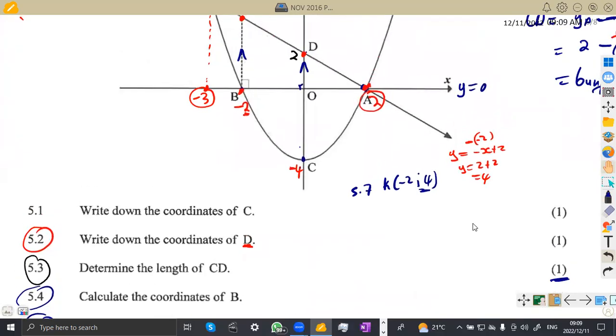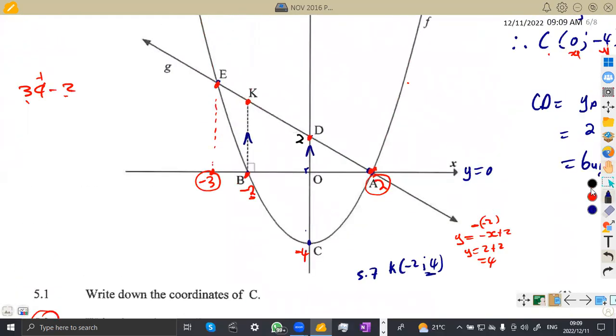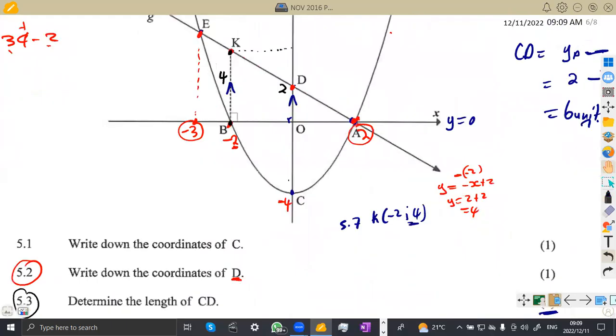So at this point K, we know that y is equal to 4. So K lies at a point where y corresponds directly with the 4. This means from point B to point K, there are 4 units. So BK is 4 units.